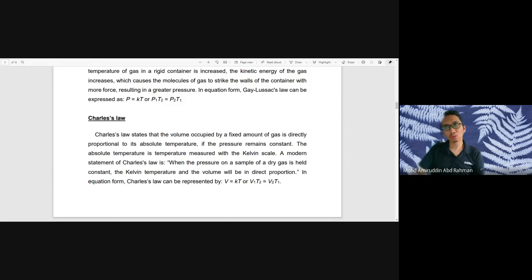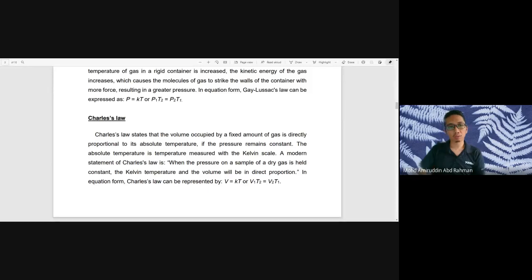In terms of pressure, we keep the pressure constant in Charles' law. So what changes is the volume and also the temperature.